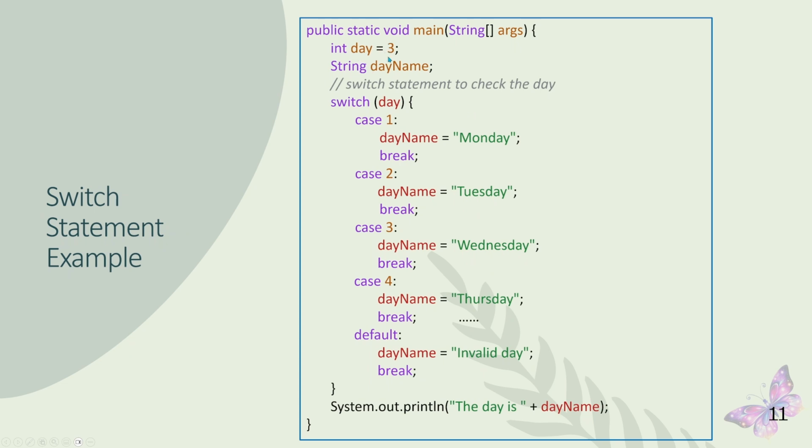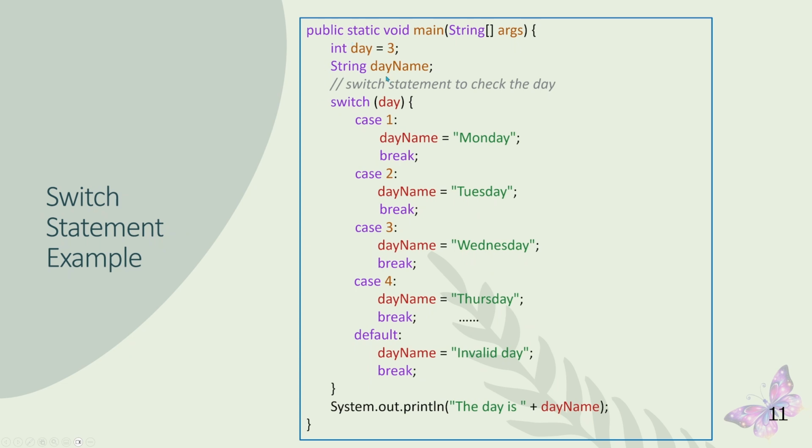If you change the integer day here to 3, that means the third case will be executed. You can change this value to whatever you choose. For example, if I choose 4, then the fourth case will be executed and it will print the fourth.